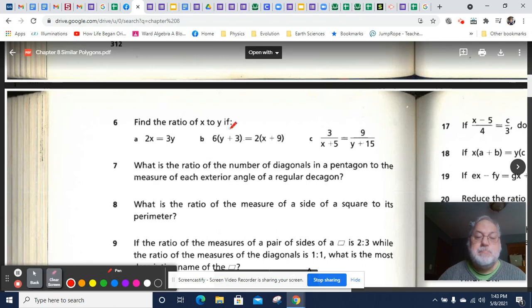So I'm going to say these are the extremes and these are the means. So I will say the first proportional is this one and the fourth proportional is this one, and the first and the second, that'll be the third actually, and that will be the second.